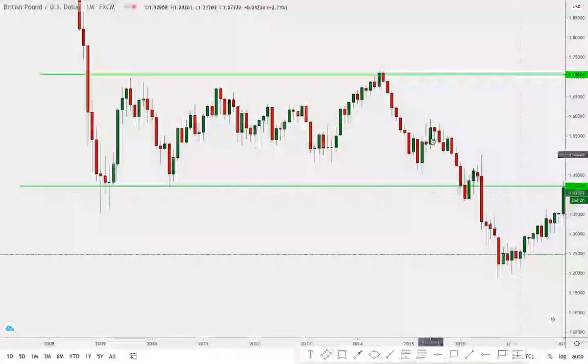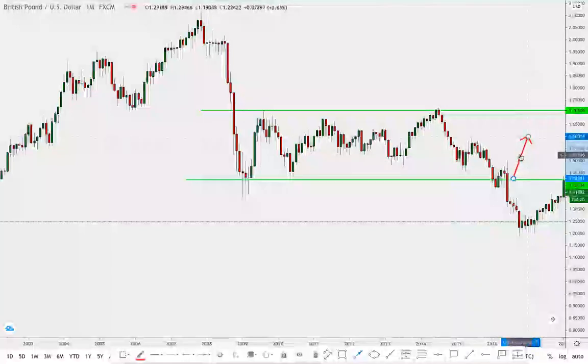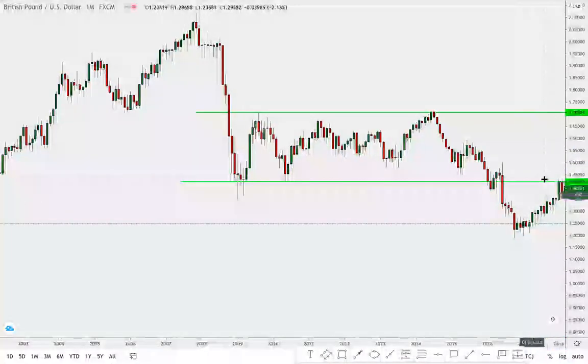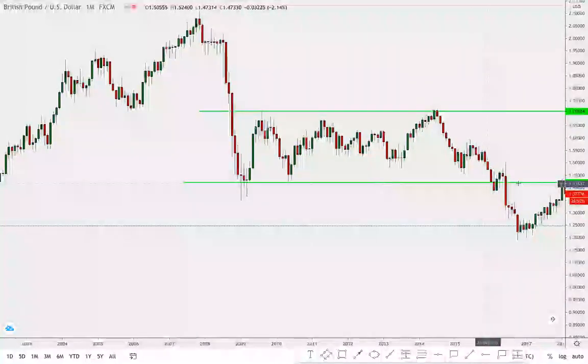So if we had rallied all the way to the upside, somewhere around here, I wouldn't have been interested in this market to give me some further downside trading opportunity. So I was just watching this key level because we've broken out of here. Most of the time the market breaks out and wants to come and retest before we continue to the downside. So that was exactly what I had in mind.